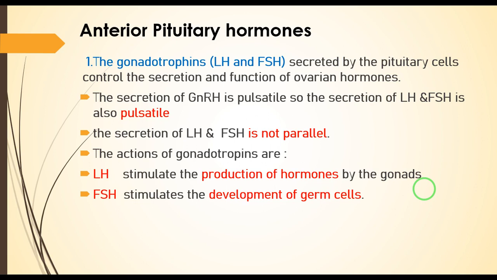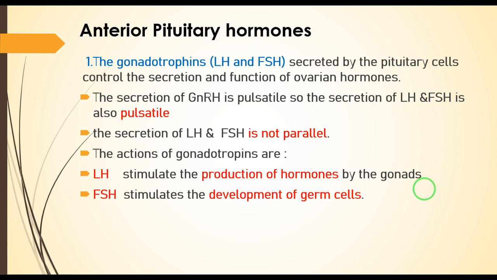In addition, the secretions of these two gonadotropins, the luteinizing hormone and the follicle stimulating hormone, are not parallel. It means that they do not increase at the same time or decrease at the same time. Sometimes the LH in a certain period of the cycle may be increased while the FSH is low, and sometimes, for example in the beginning of the cycle, the FSH may be increased.